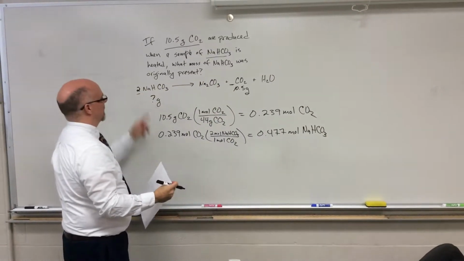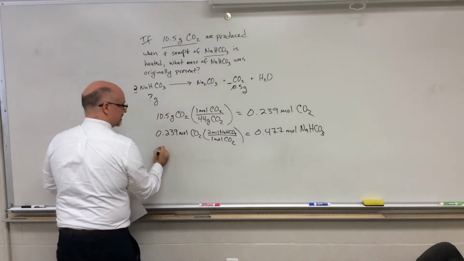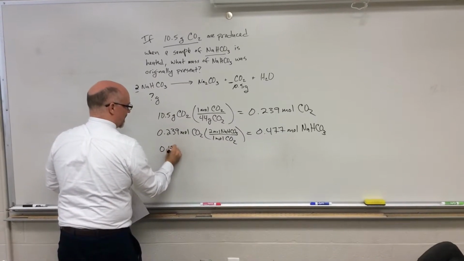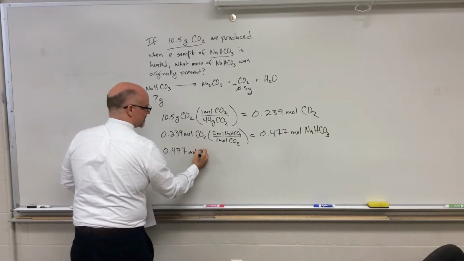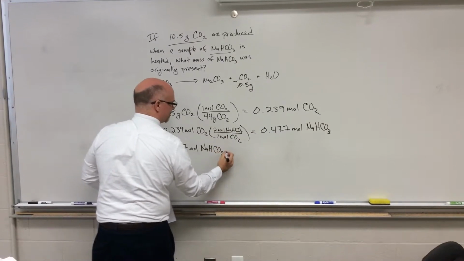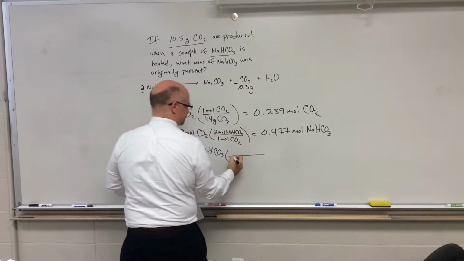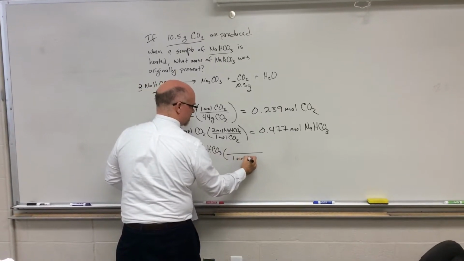Okay, but I haven't answered the question yet because I still need to get grams. So I have 1 more step to do. Because I have moles here, I want mole on the bottom to cancel as a label.